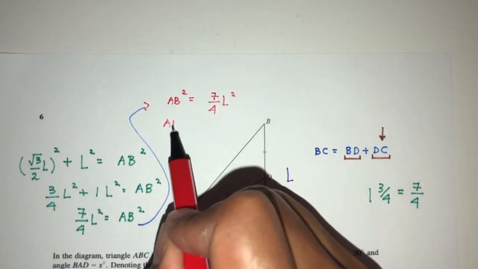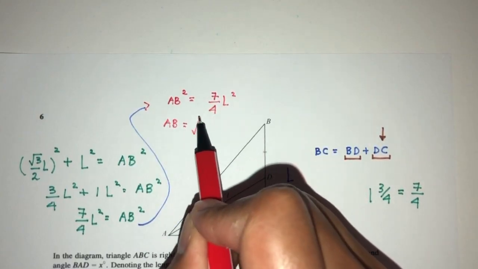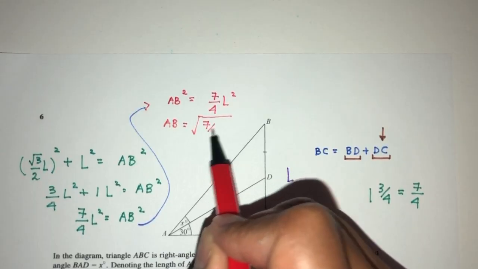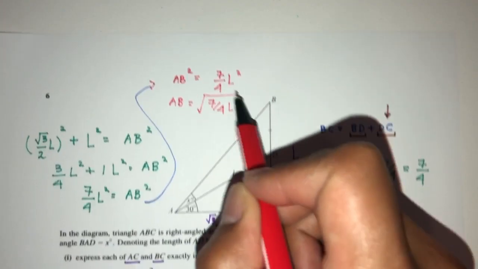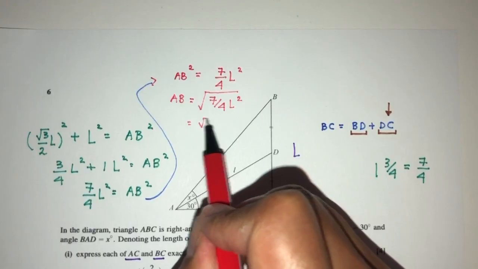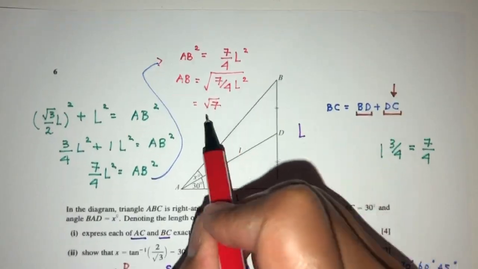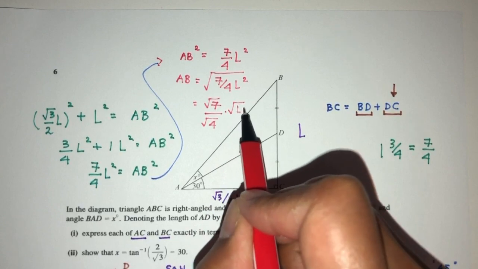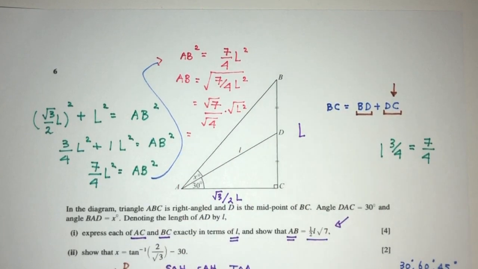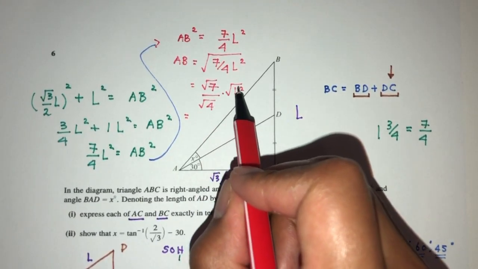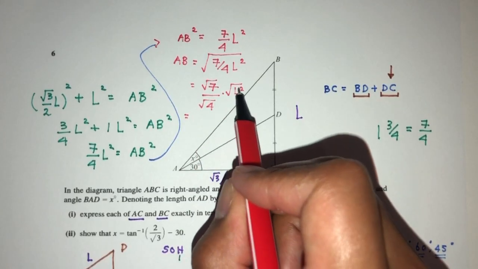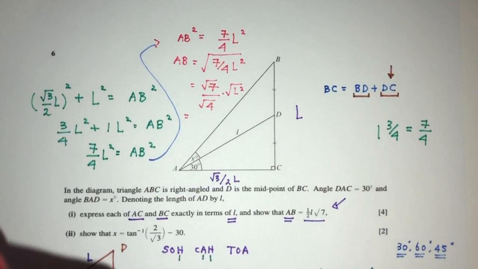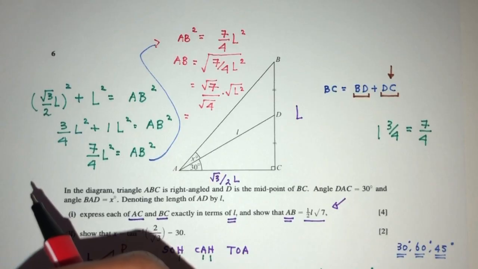So AB will be root of 7 over 4 L square. That will be root of 7 over root of 4 times root of L square. That will simplify to what? So here I will have L, because we know that square root is simply the power of half.